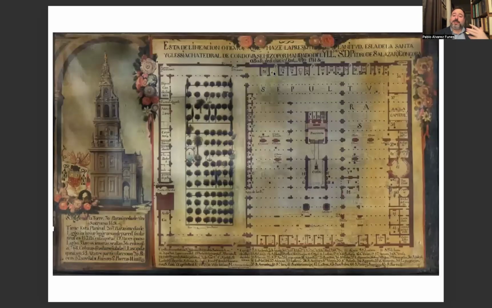So one of the important things in here is that this is a floor plan from 1741 of the Cathedral of Cordoba. In here, it's a plan telling you where the chapels are, what everything is. There is very little that can tell us that this was an Islamic mosque. It doesn't matter. I mean, to the eyes of Christian people, this was a cathedral. It didn't matter that it was a mosque before.